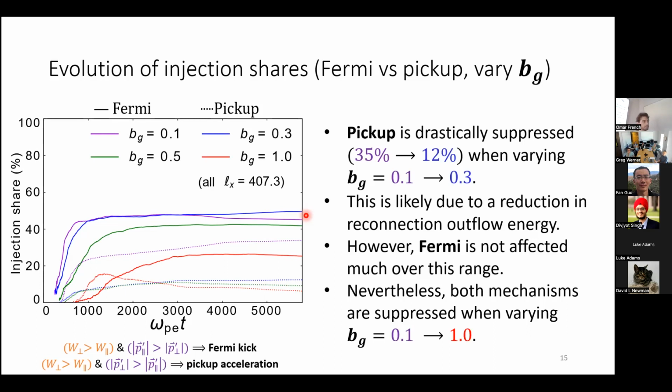Yes, it's very interesting actually. The first drop in pickup that Omar described happens really not when you go from weak guide field to strong guide field, but when you go from weak guide field to just slightly less weak guide field. Right, exactly. That's a different scale of guide fields. That's interesting on its own.